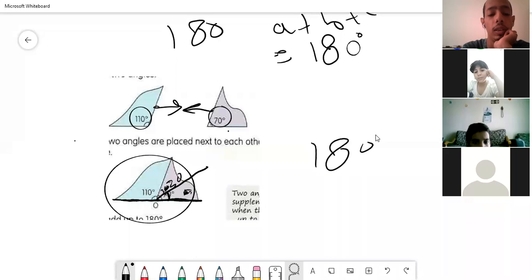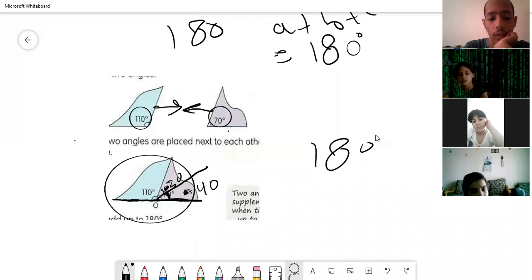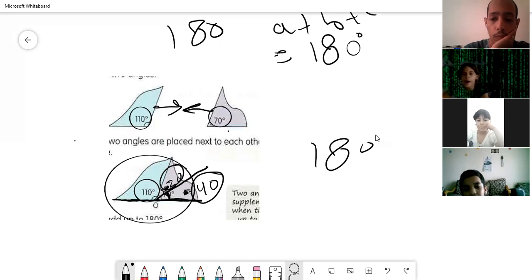What is the size of this angle? 40, because 110 plus 30 plus 40 equals 180. Did you get the idea?